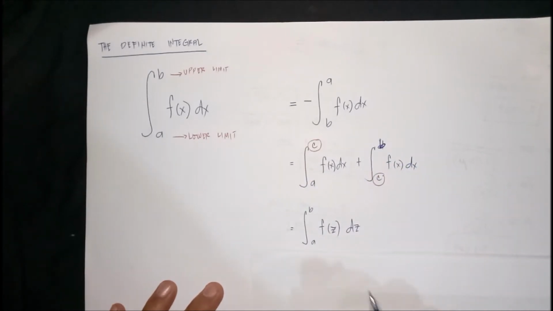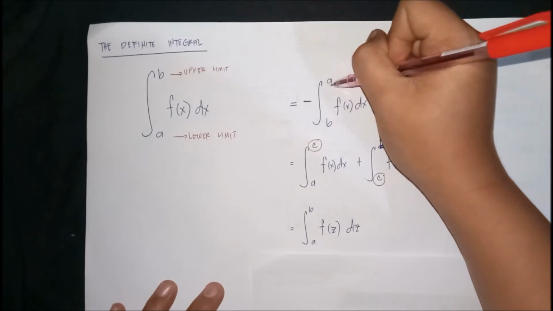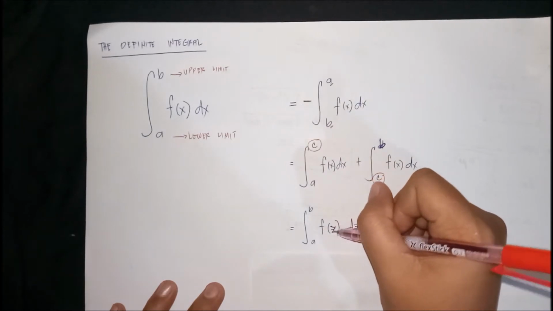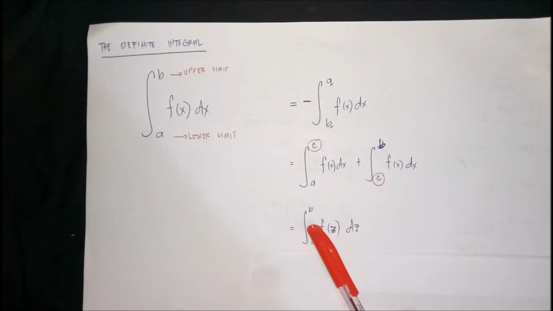For this one, ano namang bago dito? Again, dito sa first meron tayong negative na na-introduce provided pag binaliktad mo to. Dito sa third, class, it makes no difference. Meron na tayong z, class. Sinasabi dito that it makes no difference what letter is used for the variable of integration.